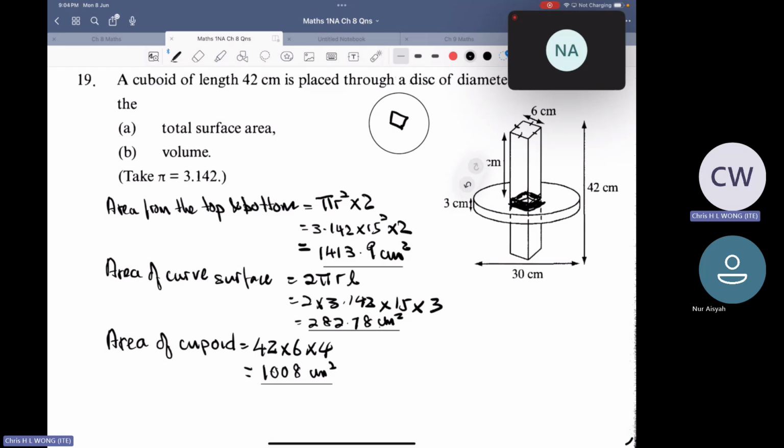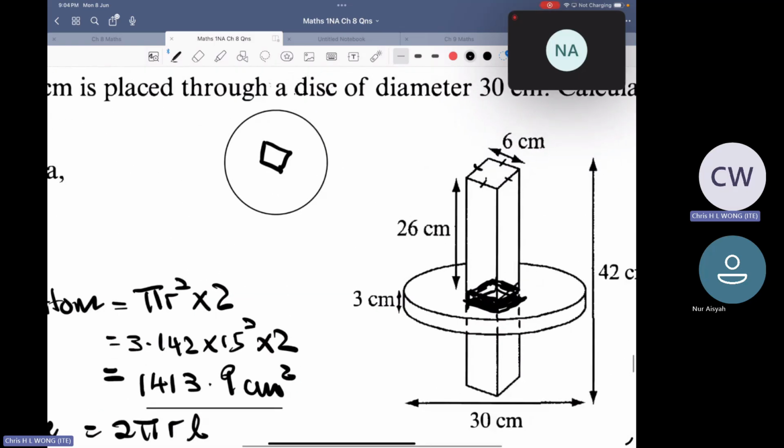That one is 3 cm times 6 times 4, right? 6 times 3 times 4, am I right? How do you calculate the surface area of the hole inside there? 6 times 3 times 4, right? All agree?